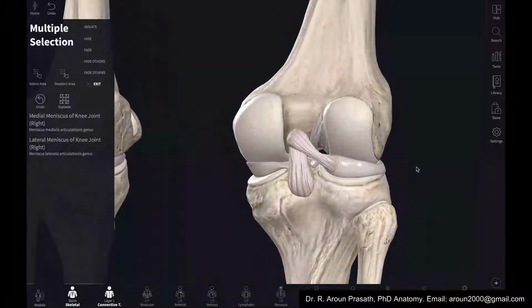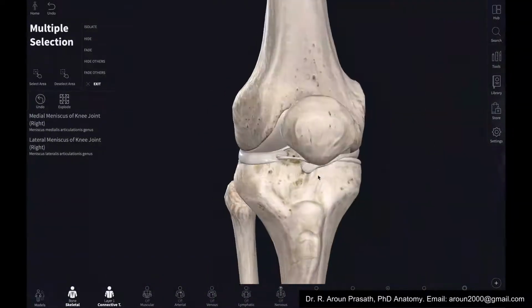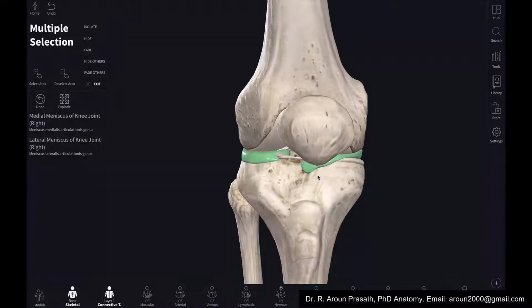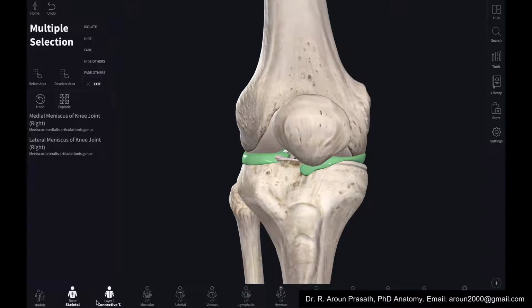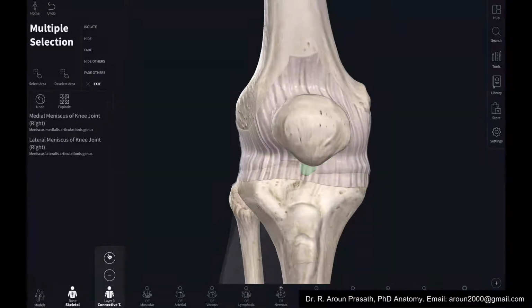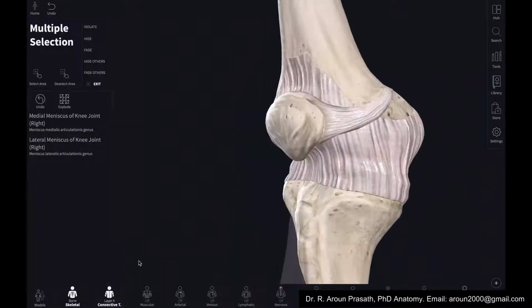Then coming to the ligaments, there are around 5 important ligaments around the knee. One is the medial collateral and lateral collateral ligaments. I will show you.